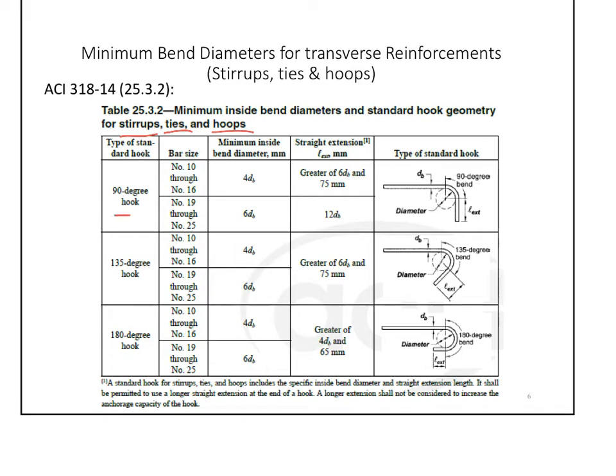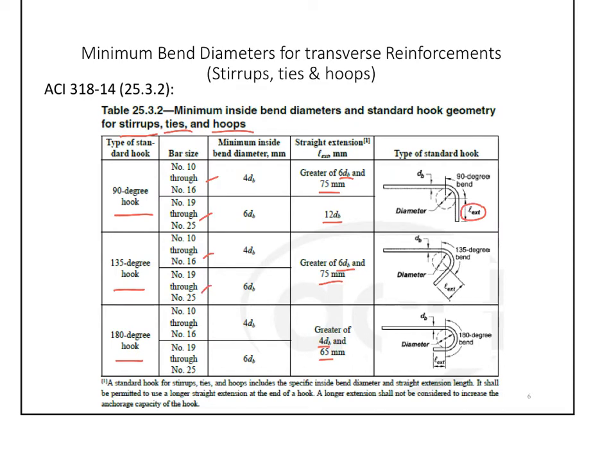Now, for a 90 degree hook, for a 135 degree hook, and for a 180 degree hook, those are the standards. Your extension goes to 6 dB or 75, 12 dB, and then here 6 dB or 75, 4 dB or 65, depending on the hook degree and depending on the bar size.